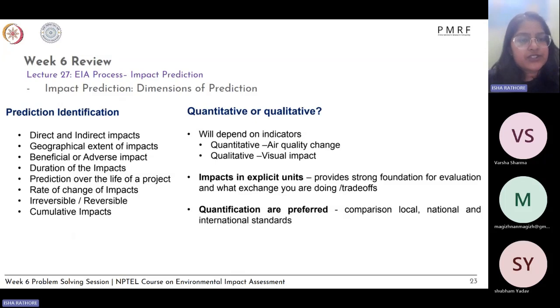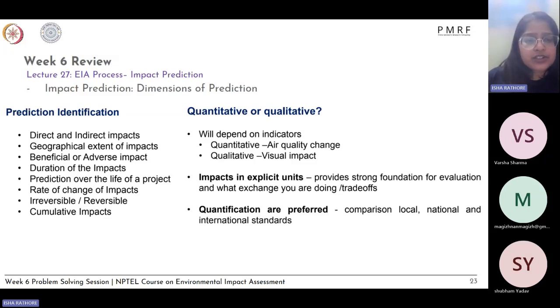For doing the prediction, you need to look first at the direct and indirect impacts, whether the development of the project, including infrastructure, utilities, or any other aspect relating to that project, is going to have a direct or indirect impact.